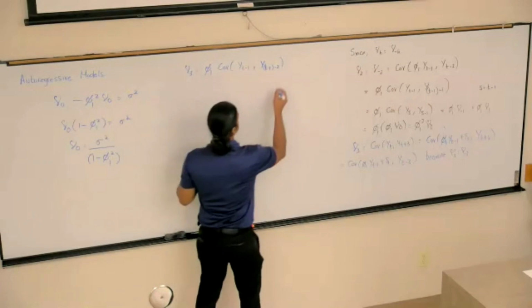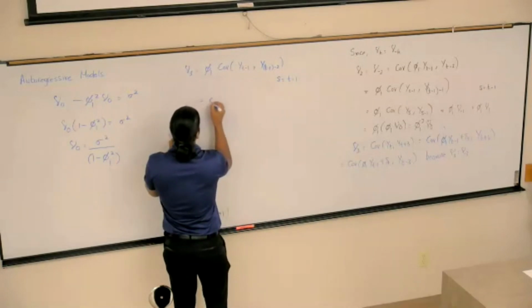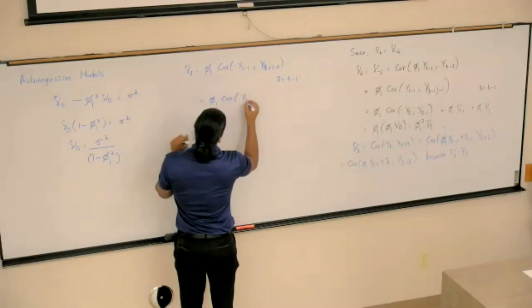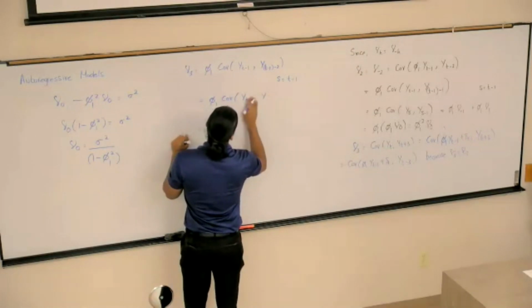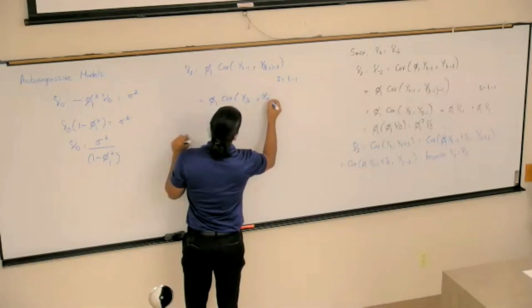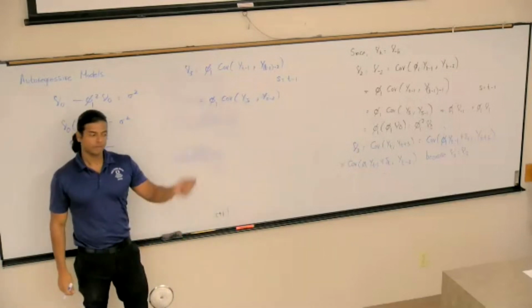And if I said s is equal to t minus 1, just to see things better, so covariance of ys, comma, ys minus 2. Correct?